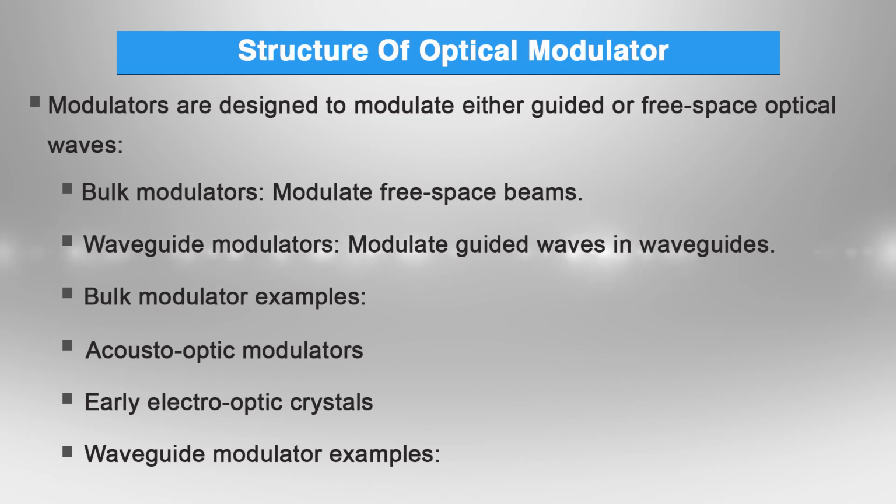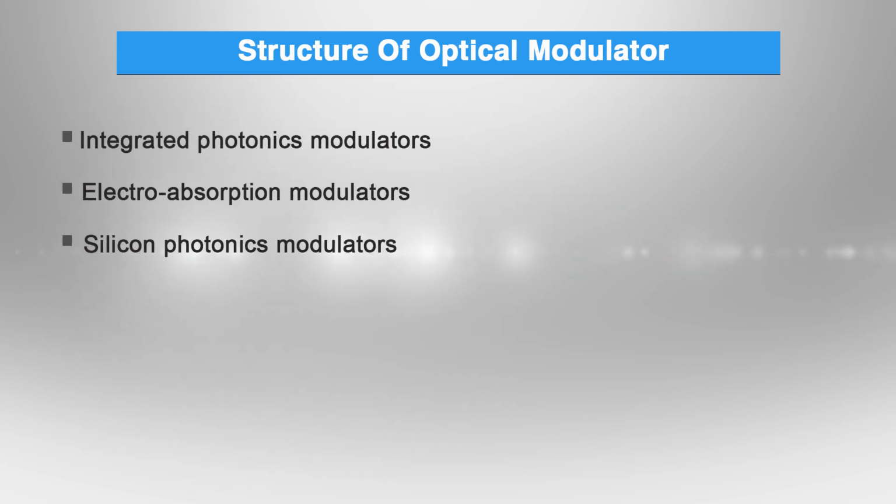The second type of modulator is waveguide modulators. They modulate guided waves in waveguides. Some examples are integrated photonic modulators, electroabsorption modulators, and silicon photonics modulators. Waveguiding enables miniaturization and integration, but it requires guided wave coupling.